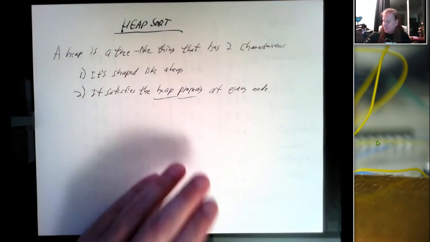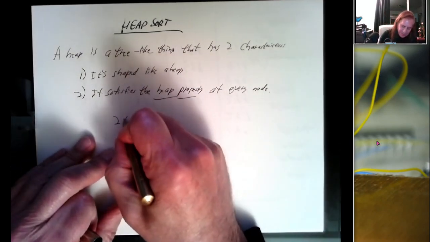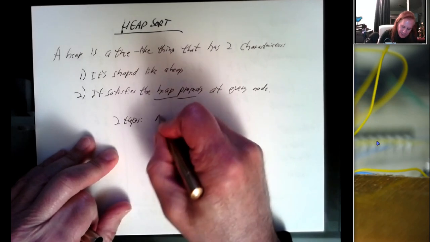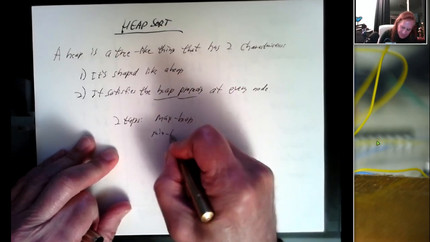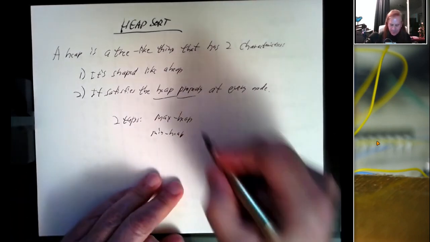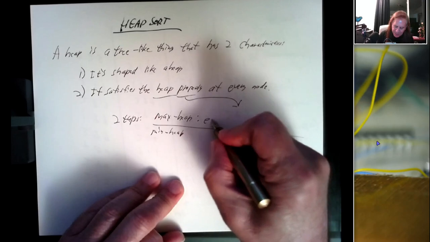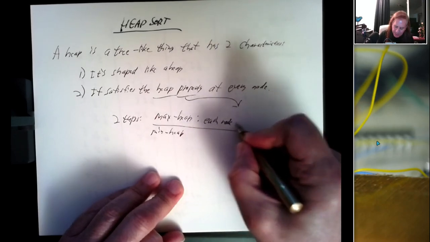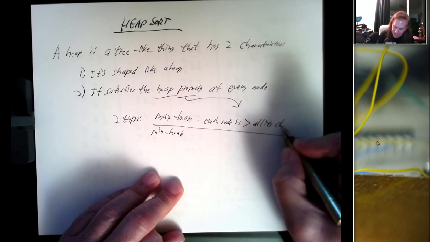What is the heap property? There are two types of heaps: a max heap and a min heap. The heap property for a max heap says each node is bigger than all its children.